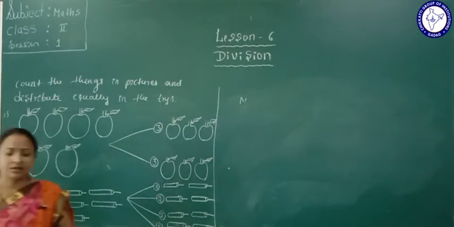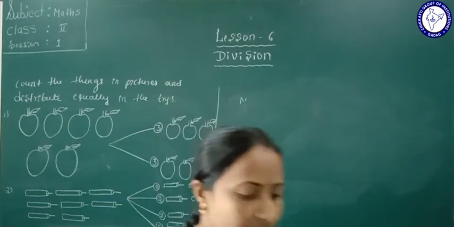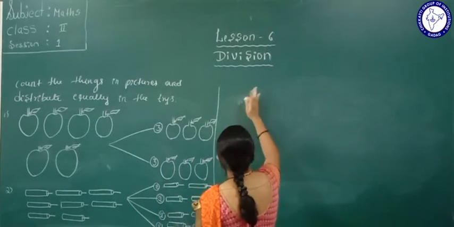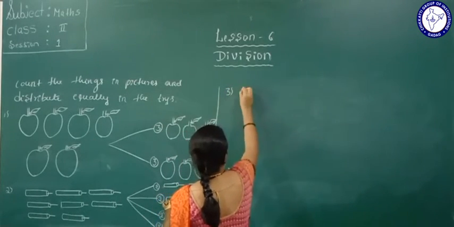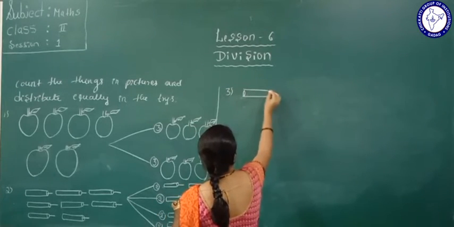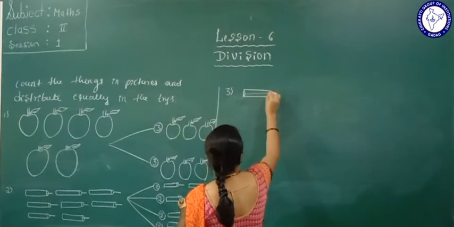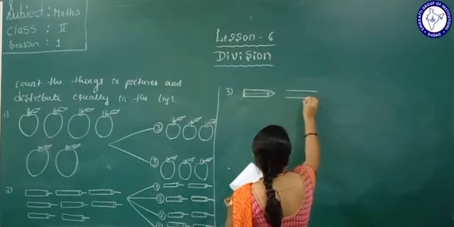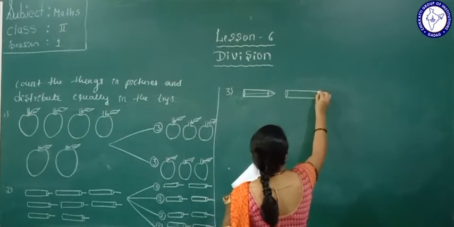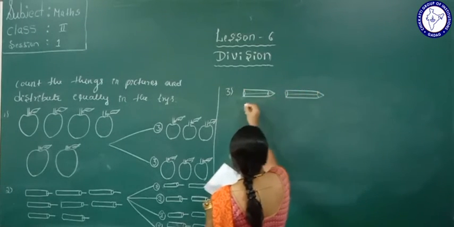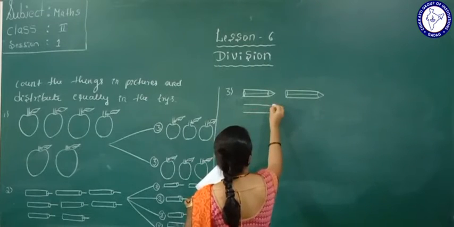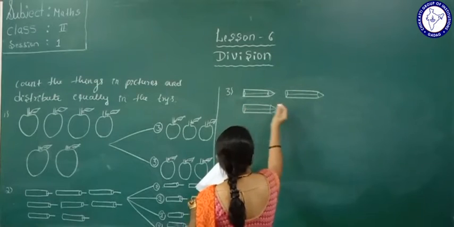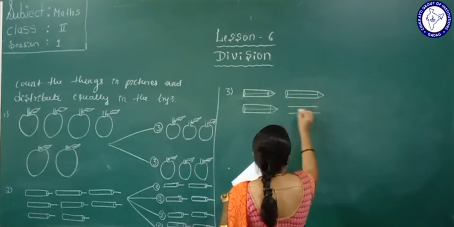Next one they have given here pencils. Okay, so how many pencils have they given here? Here they have given 4 pencils. Okay, so in 4 pencils, 1, 2, 3 and 4.